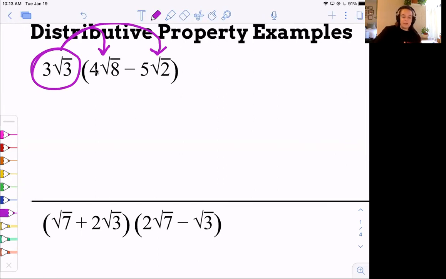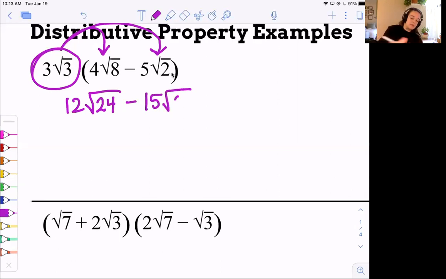So I'm going to do 3 times 4 would be 12, and then 3 times 8 would be 24. I'm going to do the second one times this one here. So minus 3 times 5 would be 15 coefficients. Radicands 3 times 2 would be 6 for my new radicand. 6 I know is only 3 and 2, cannot be simplified.